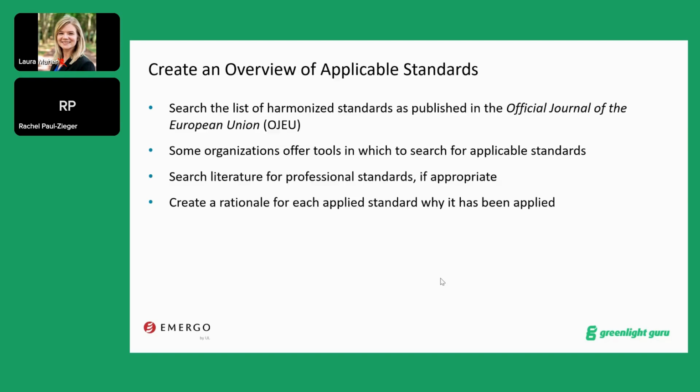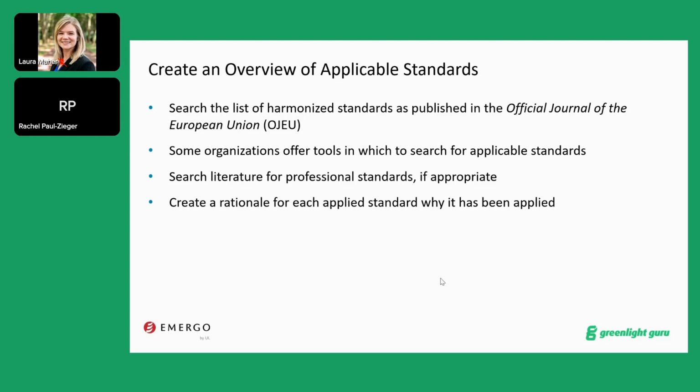So the approach will be to create for your device an overview of applicable standards. For doing this, you should go to the list of harmonized standards that is published in the Official Journal of the European Union and determine what standards are applicable for your device.